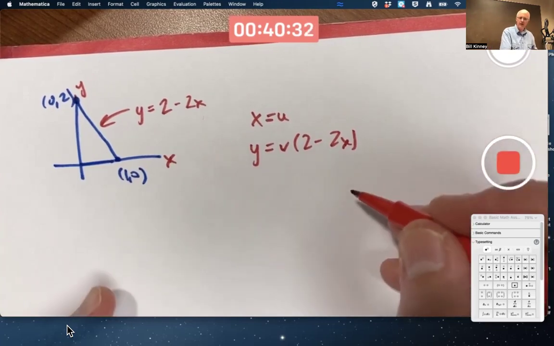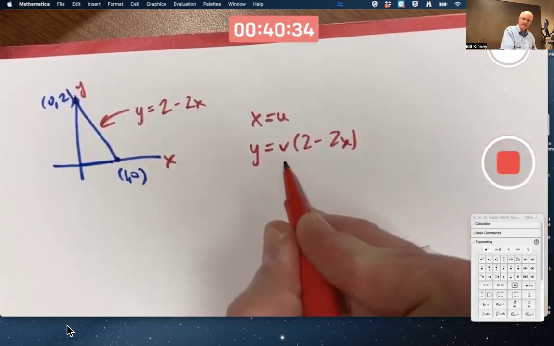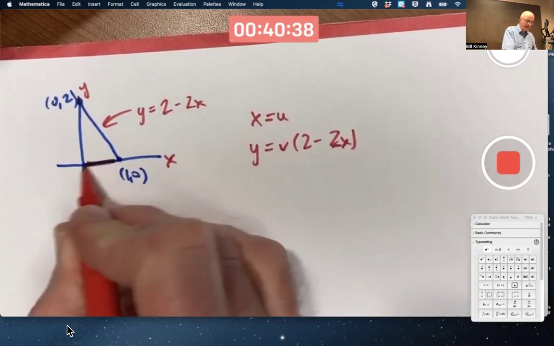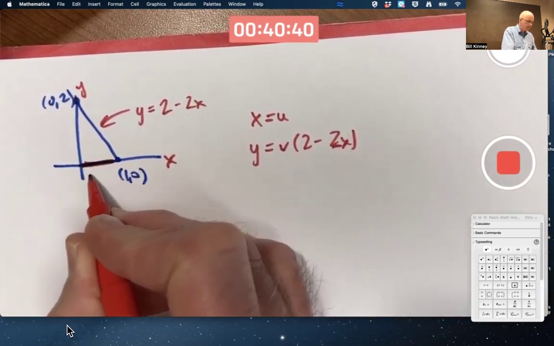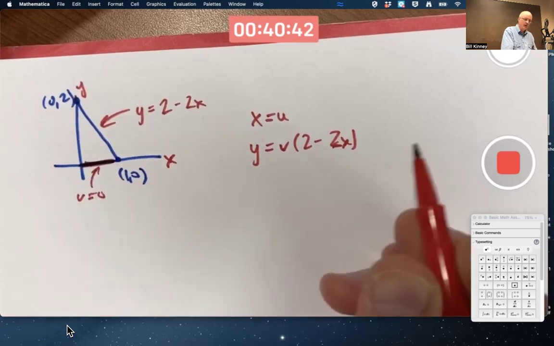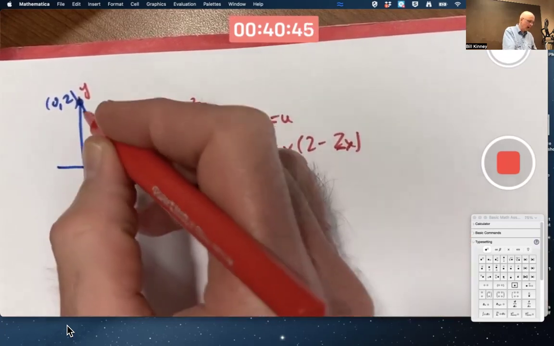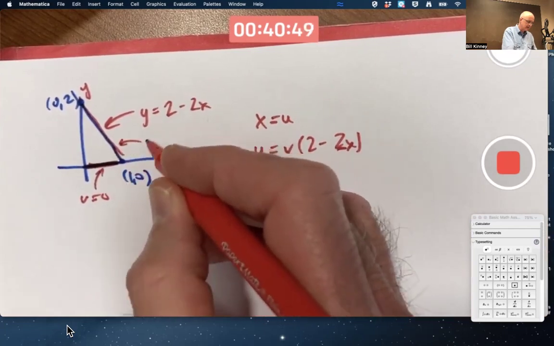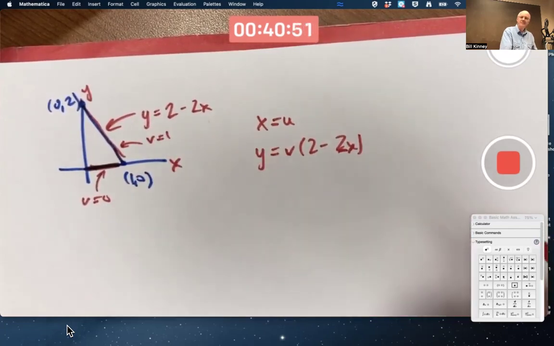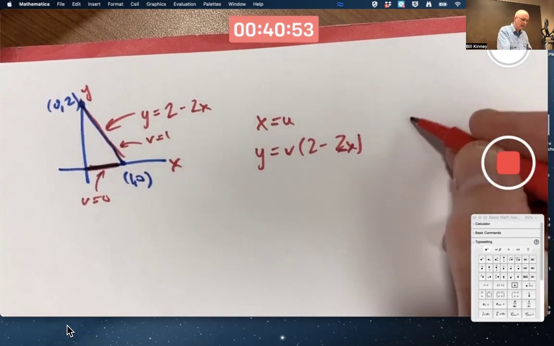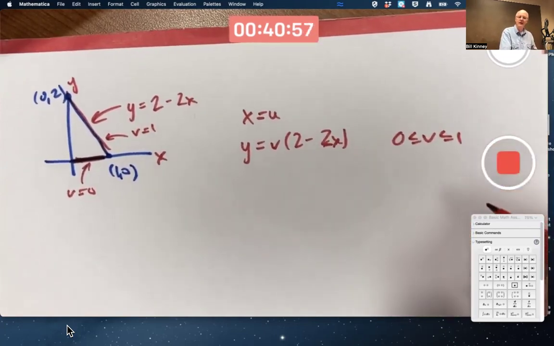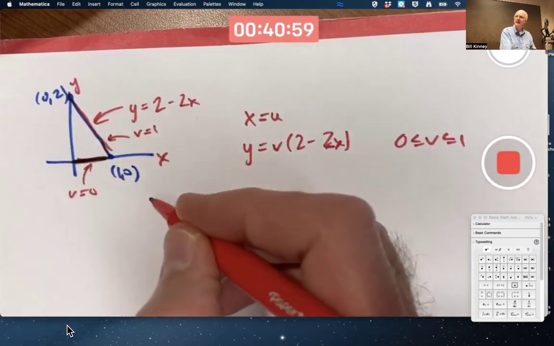When v is 0, think about this equation here. When v is 0, you get y equals 0. You get that line right there. When v is the other extreme, 1, you get this line, same as this one. And in between, v is going to go between 0 and 1, if that wasn't clear. In between 0 and 1, you're going to get lines that are in between.